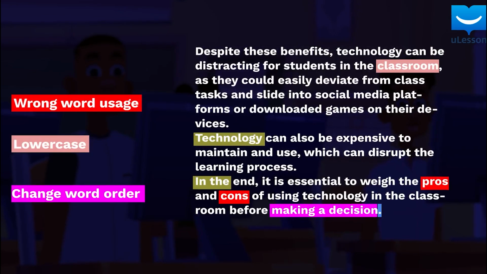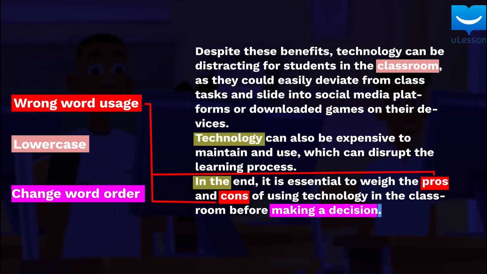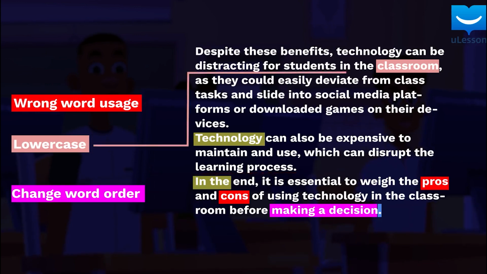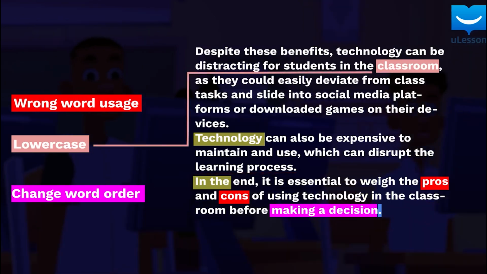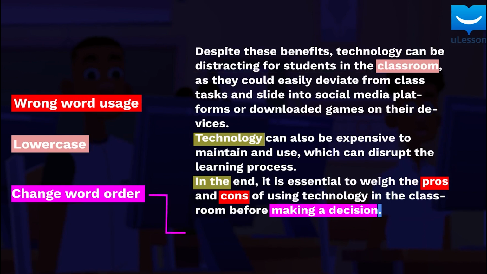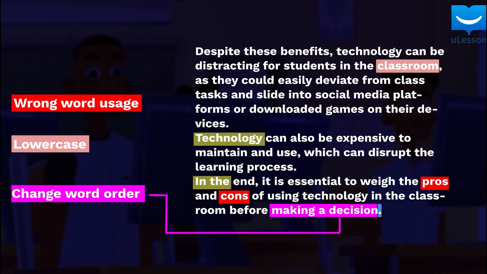Avoid anything more than a single space that a letter takes between words. The wrong usage of words in context. The use of uppercase instead of lowercase. Common nouns should not be capitalized except at the beginning of a sentence or in a title. Change of word order. It is important to know which word comes first when writing.